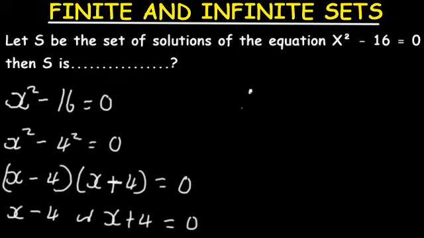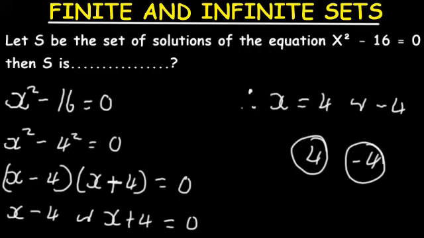Therefore, x will either be equal to positive 4 or negative 4. Now, the fact that we only have two different solutions for this problem, positive 4 or negative 4, and these two solutions can be counted, which is 1 and 2, means the set S is a finite set.